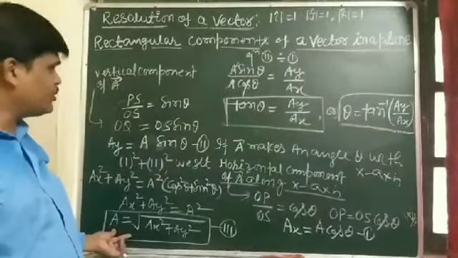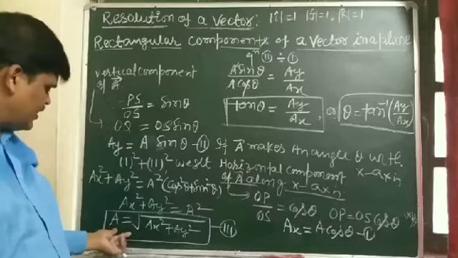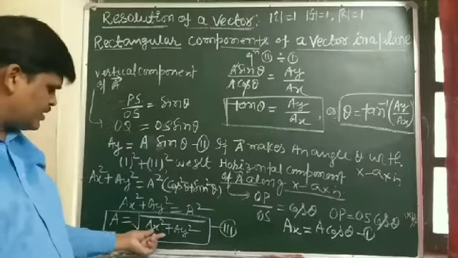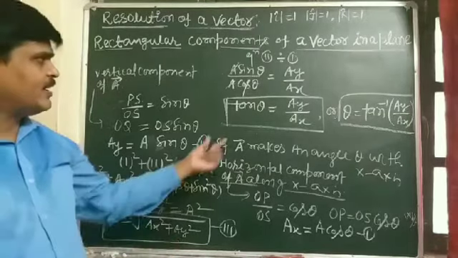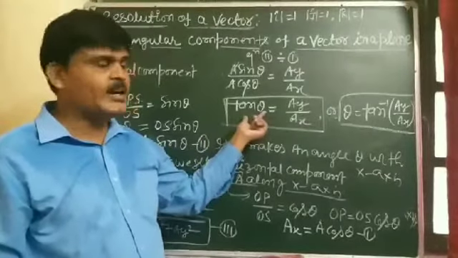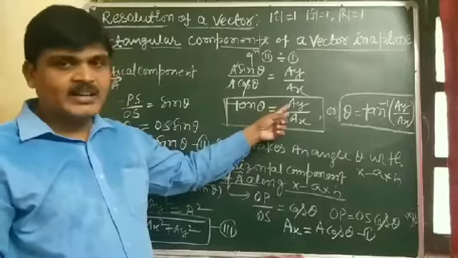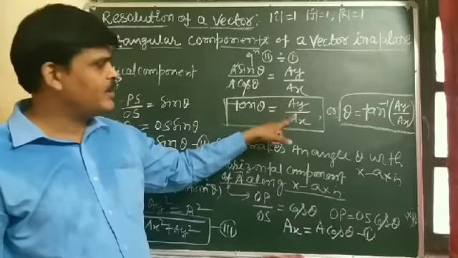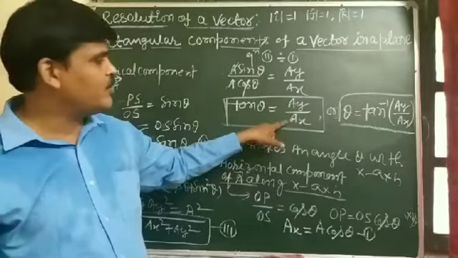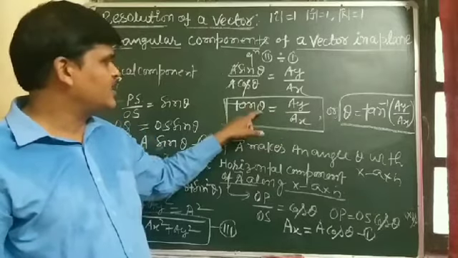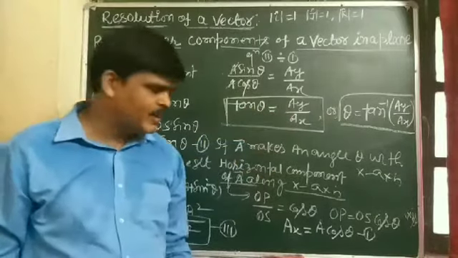So the magnitude of a given vector A equals under root AX square plus AY square, and the direction of the resultant vector can be found using tan theta equals the vertical component divided by the horizontal component, that is AY by AX.